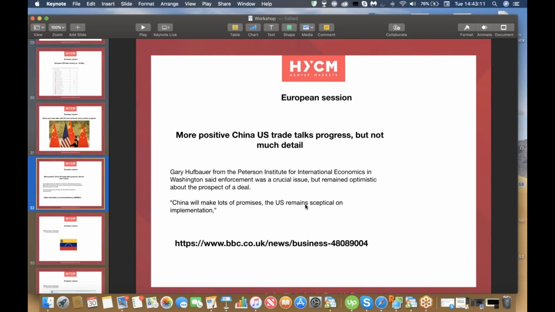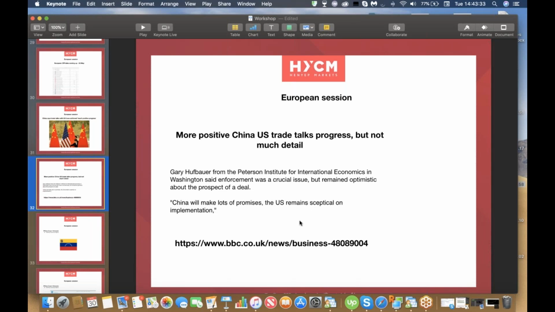However, the reality of working out a deal is quite difficult, and this is a genuine power struggle between the world's two largest economies. It's a power play, essentially, and how that gets worked out is going to be tricky and difficult.